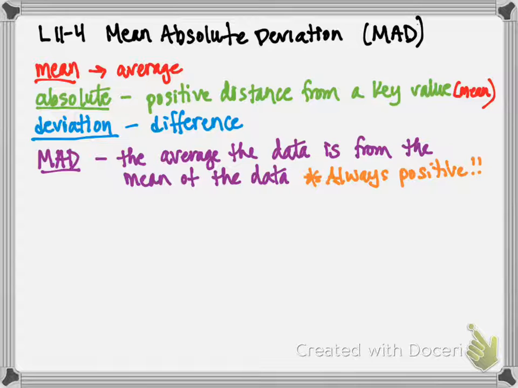Okay, so I'm going to talk about the steps, and then we're going to go ahead and practice a couple times. So, steps to get MAD. Step one. First, we're going to find the mean of the data.